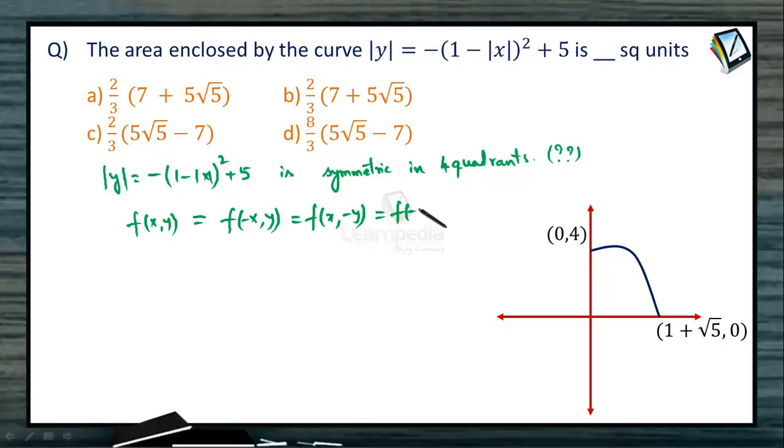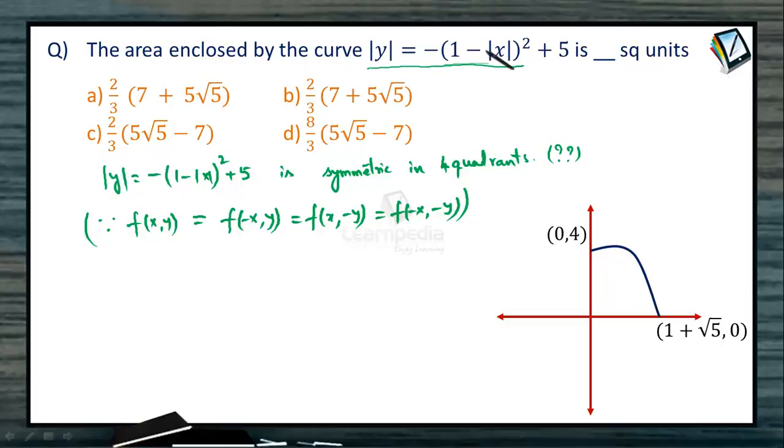And if this is equal to f(-x, -y), then the graph will be symmetric in all four quadrants. Now as you can see here, |y| and |x|, both x and y are present inside modulus. So this equation remains unaltered by interchanging x with -x and y with -y; the equation remains same.